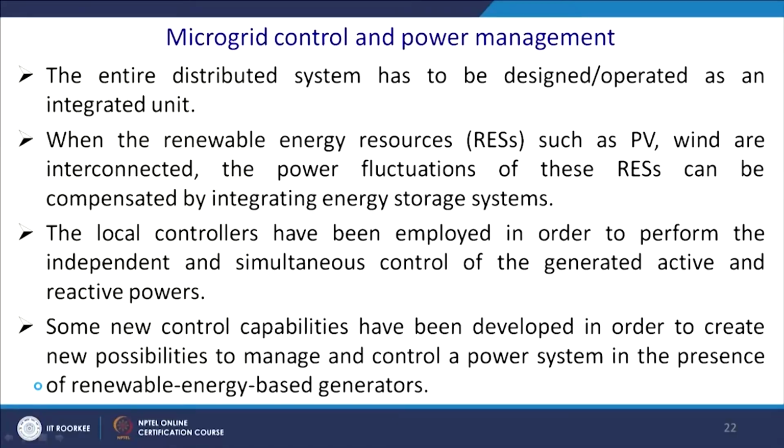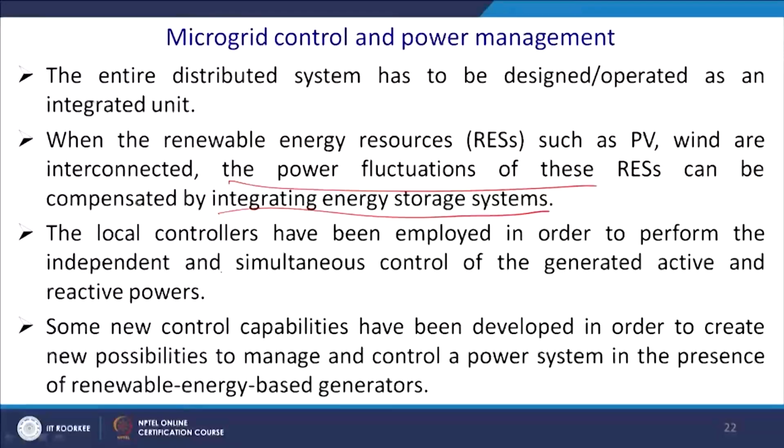Apart from that, when renewable energy resources such as PV and wind are interconnected, the power fluctuation of these distributed energy sources can be compensated by integrating the storage element. Sometimes you have a grid firm commitment, so you can ensure that commitment by the storage element.